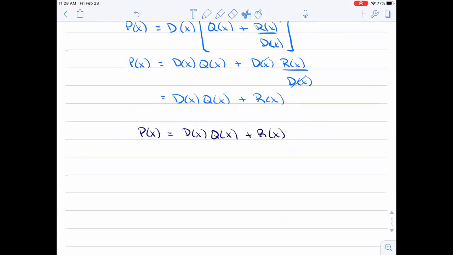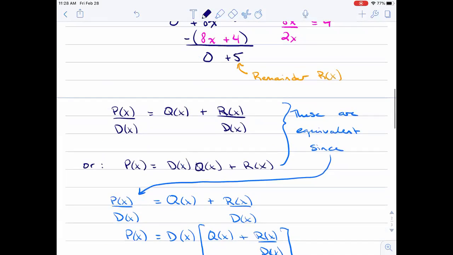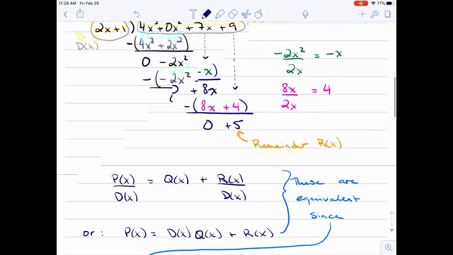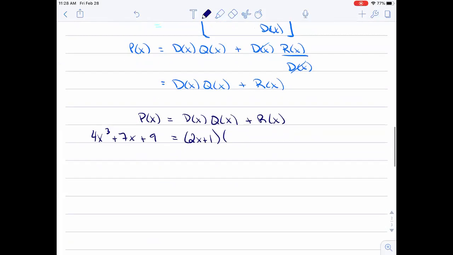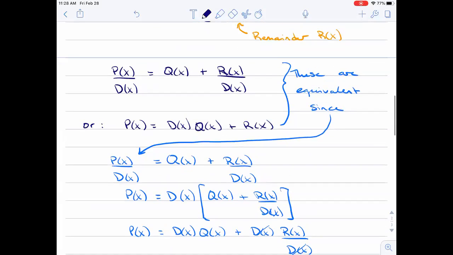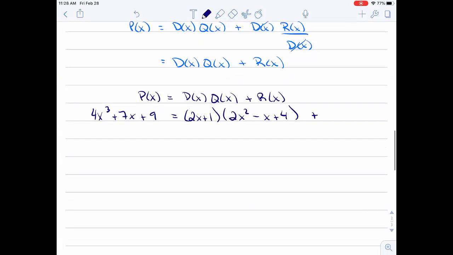In our example, our p of x was 4x to the power of 3 plus 7x plus 9, which is d of x, which is 2x plus 1, times q of x, which was the 2x squared minus x plus 4. And then plus r of x, which is 5.